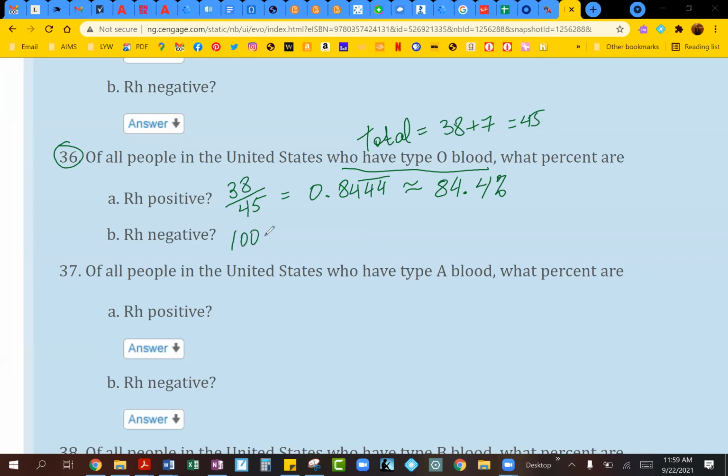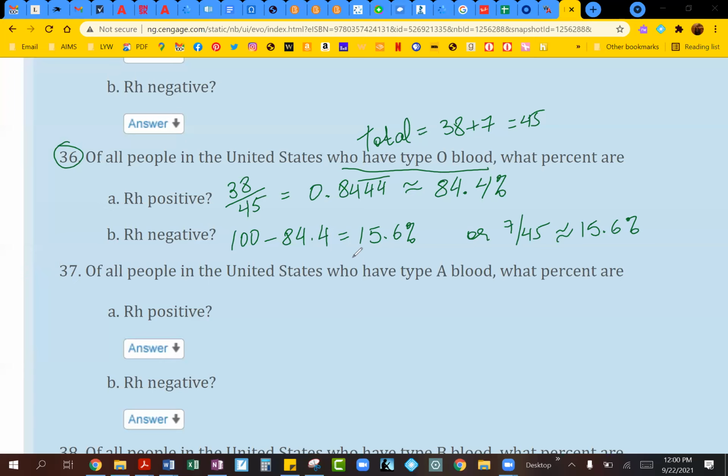So out of 100%, if you subtract that 84.4, you would end up getting your 15.6%, or you could do 7 divided by 45, and it should still lead you to the same conclusion. So either subtract the percentage from 100, or just do the math all over again.